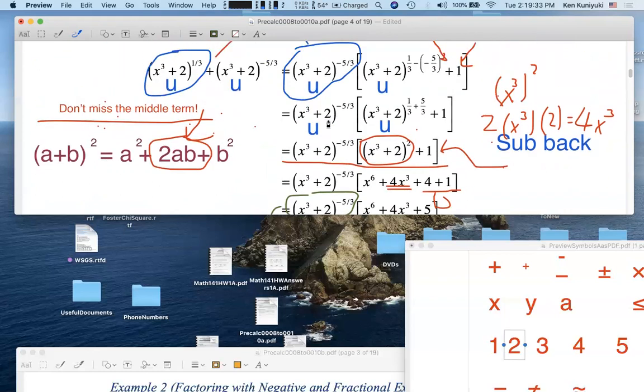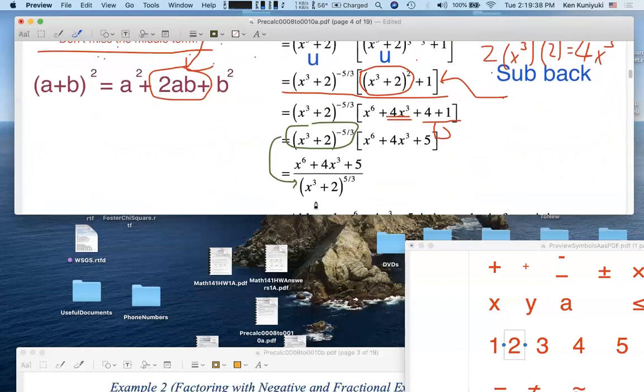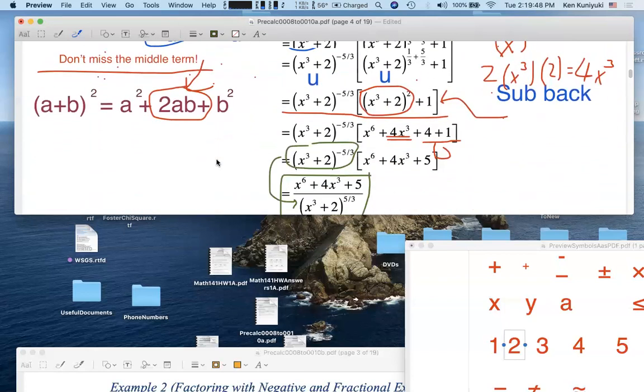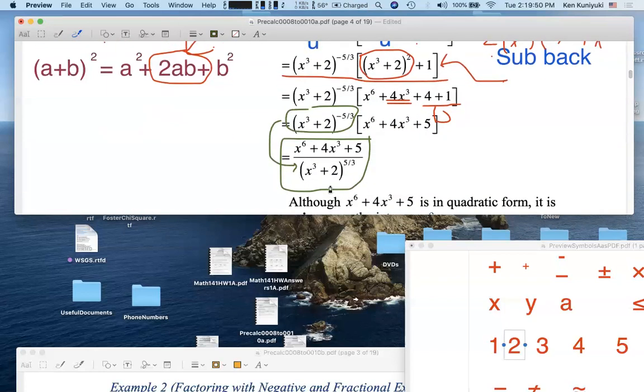By the way, in your work up here, you could have rolled this down as u to the 5/3. But eventually, you'll get x cubed plus 2 all to the positive 5/3. And it turns out that here, we are done. So we factored this over here into this, and we have integer coefficients.